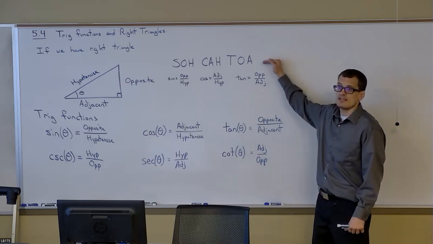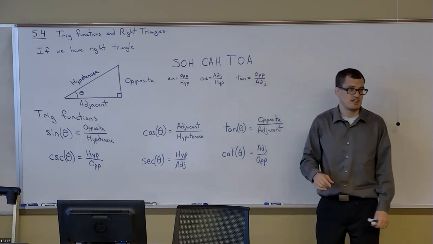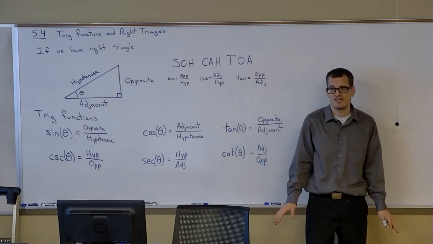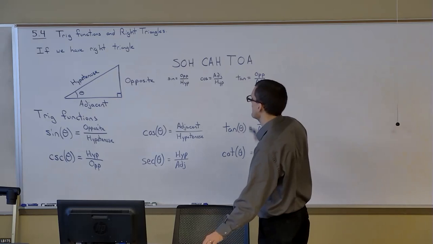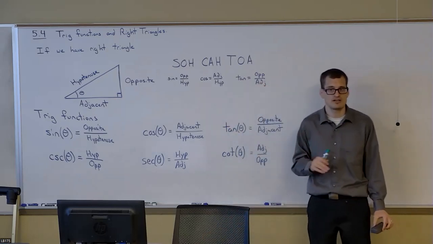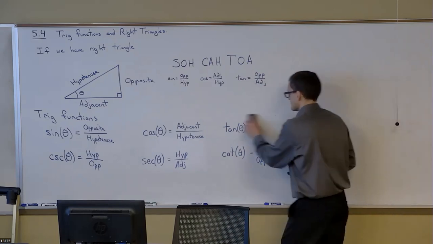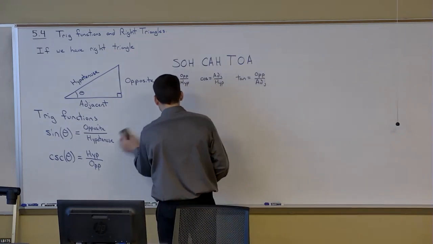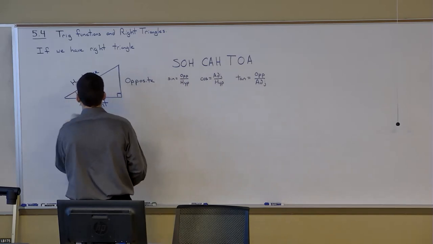SOHCAHTOA is specific to right triangles. If you have other triangles, it does not work. Okay? Very important that it has to be a right triangle for this to work. And so we're going to solve right triangles, only right triangles here.